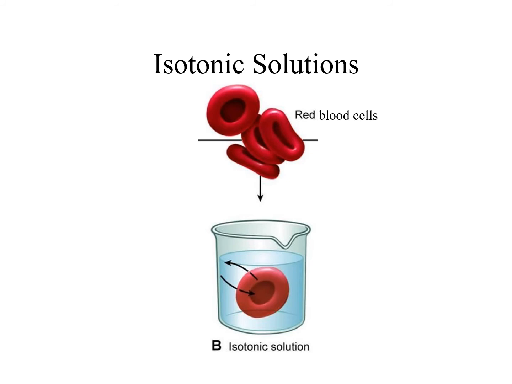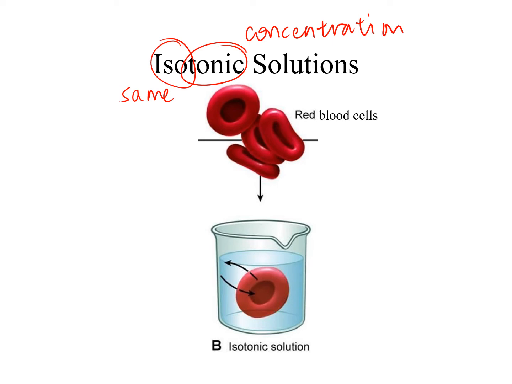This is an isotonic solution. If we were to pluck a few red blood cells and place it in an isotonic solution, we would see that there's no change. The prefix iso here means same, and tonic means concentration. So let's just pick a number.